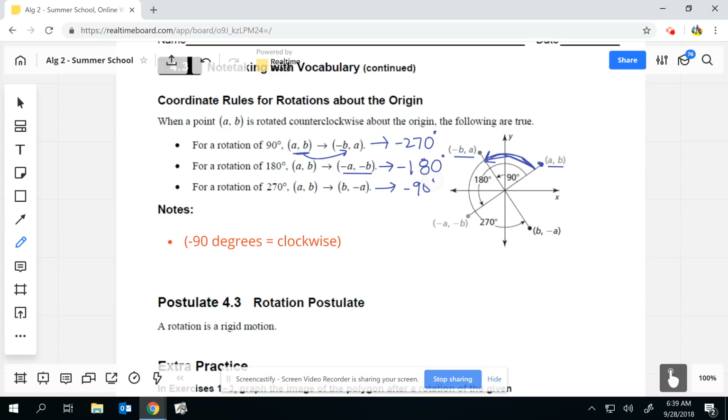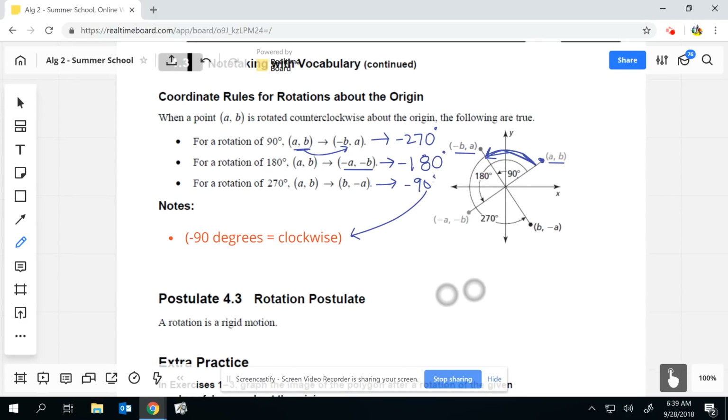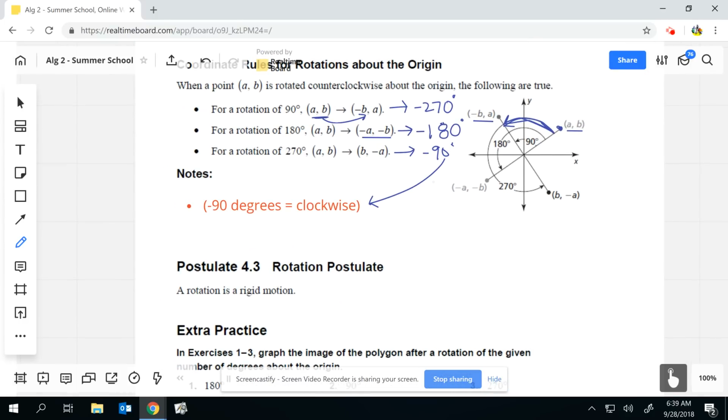And I wrote down here that negative 90 just means you're going clockwise 90 degrees. And so (A, B) becomes (B, negative A). So those are the rules that we're going to use. You're going to see how those are going to come in handy. And again, like I said, a rotation is a rigid motion. It does not change any size or any shape. All right, we'll come back and do the extra practice in a little bit.